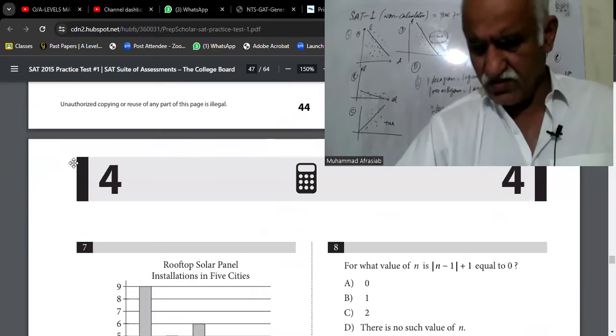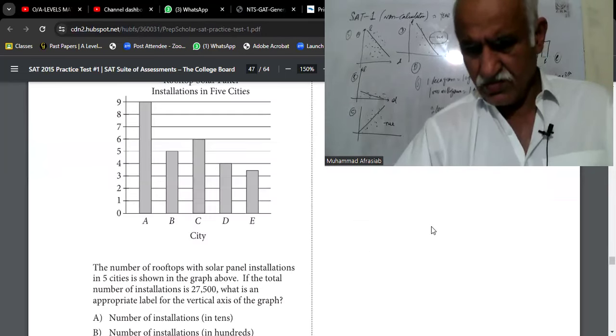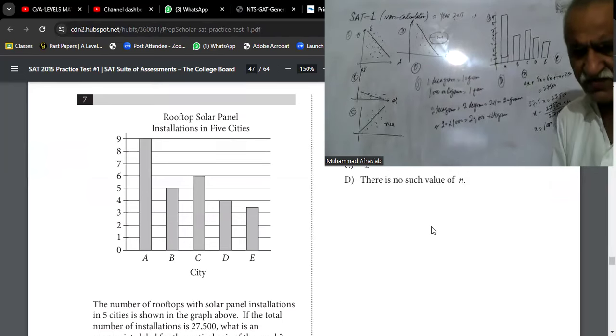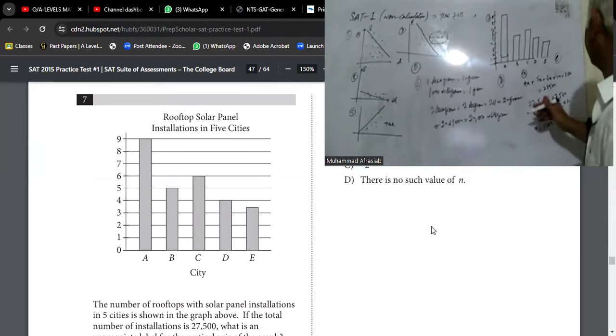Question number 8 now. For what values of n is |n minus 1| plus 1 equal to 0?